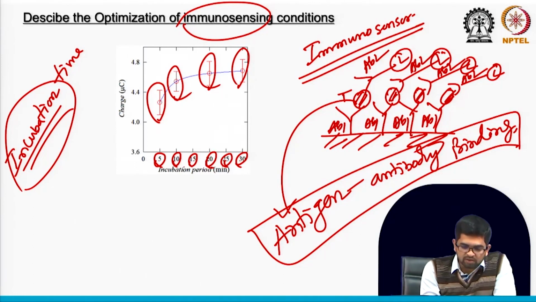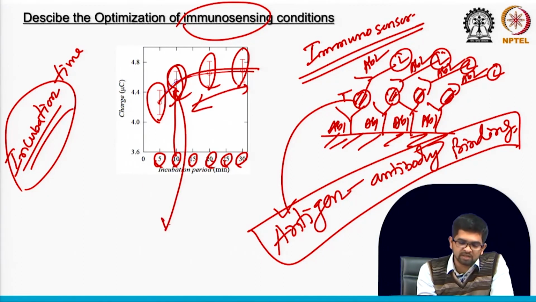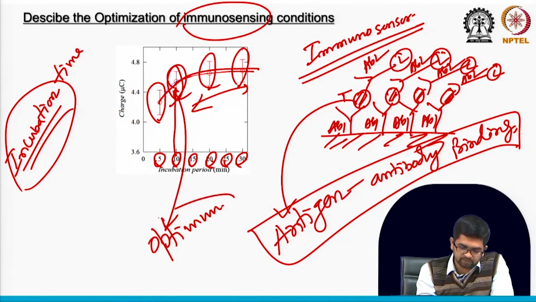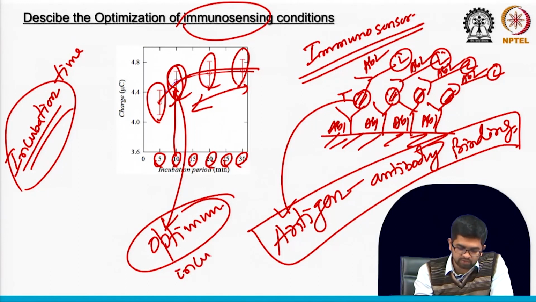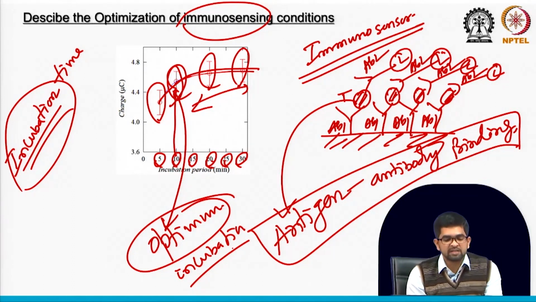You can see that after 10 minutes they are almost saturated, right? So at 10, 20, 30 minutes they are almost saturated. Then there is no need to consider long incubations. So 10 minutes can be the optimum incubation time for your biosensor. Like this way you can optimize the time.